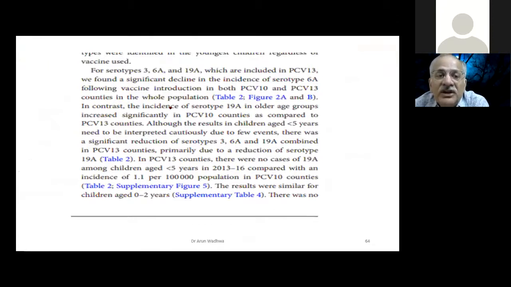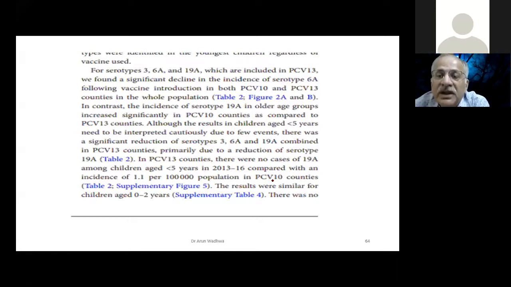In contrast, the incidence of 19A in older age groups increased significantly where PCV10 was used as compared to PCV13. Although the results in less than 5 years were comparable, in adults the 3, 6A, 19A combined efficacy was more.